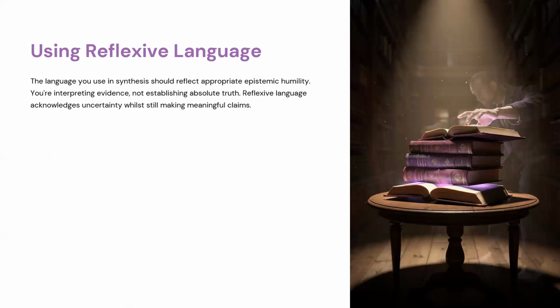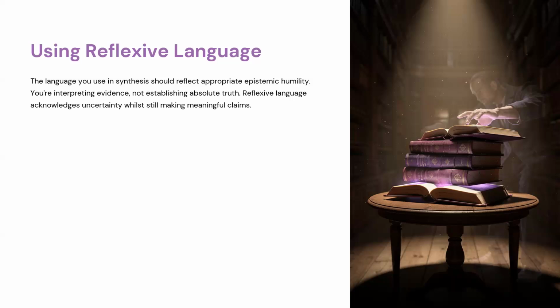But at the same time, and again, it bears repeating this constantly, you never overstep by saying something that the data cannot concretely, epistemologically or empirically support. In other words, don't make claims that cannot be supported by all of the evidence that you have gathered so far, which sounds, again, on the surface very simple, but sometimes we unknowingly, in an effort to say something interesting, stretch ourselves a bit thin by drawing conclusions that can't actually be supported by the literature. So you're interpreting evidence, but you're not establishing absolute truth.